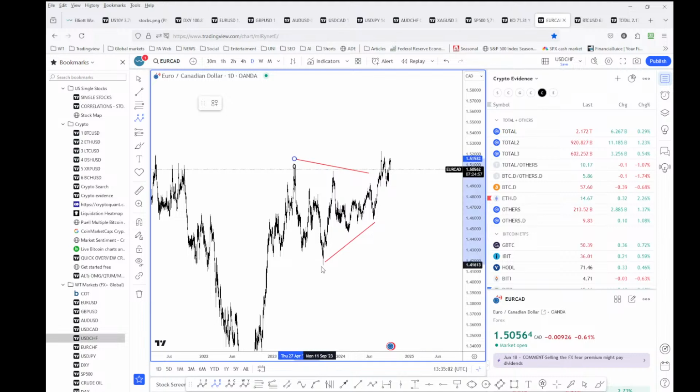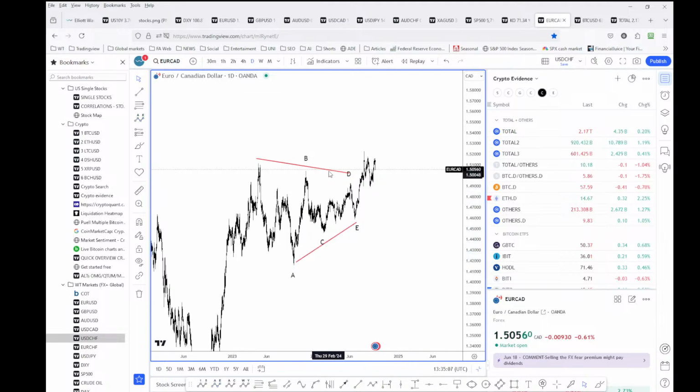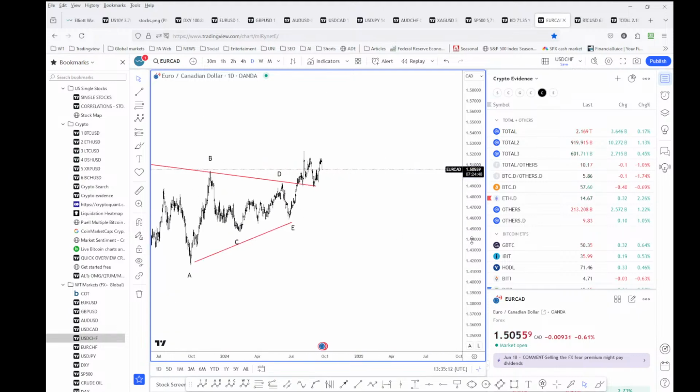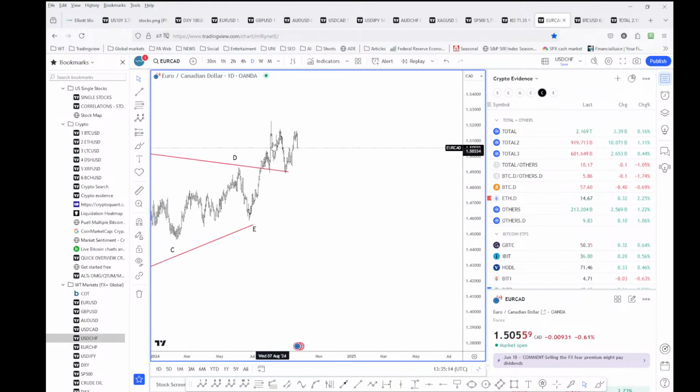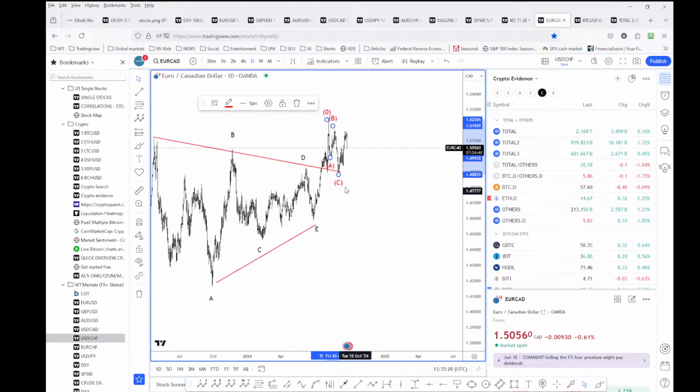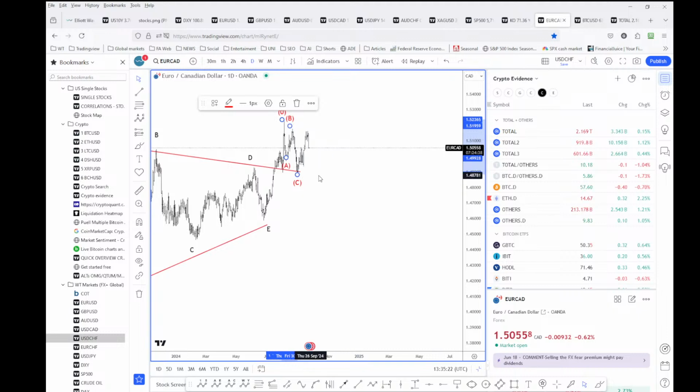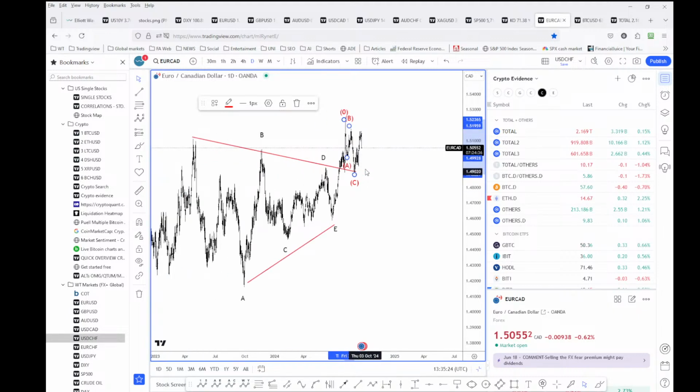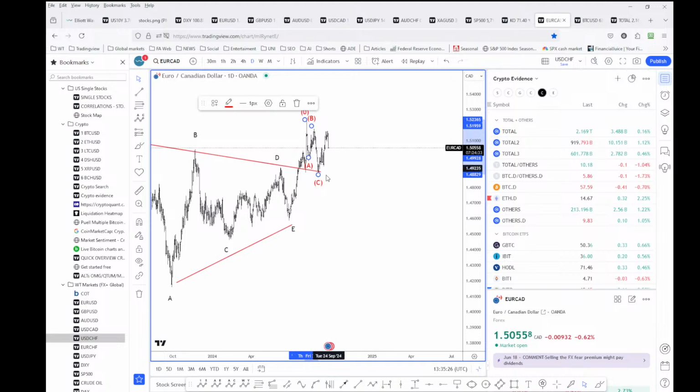Okay, so we could label this as an A, B, C, D, E. And what's very interesting, actually quite beautiful, I must say, is that you have this ABC pullback in 3 waves on a smaller time frame back to this triangle support. So I think that this triangle support from the outside is quite interesting, and that we could see a new push to the upside.